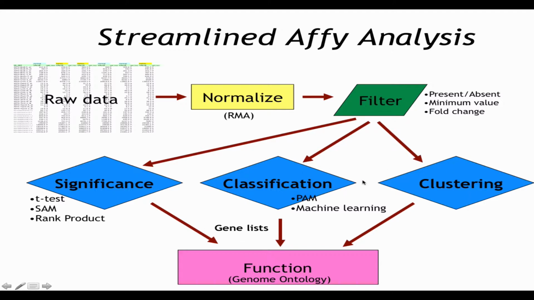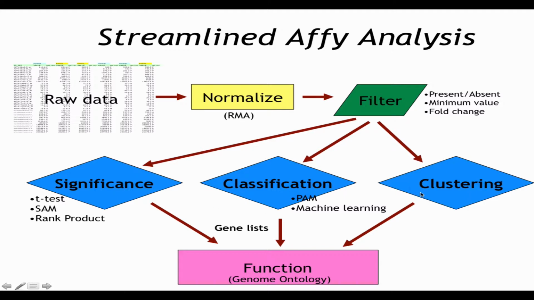All right, then we have 3 different, somewhat independent analysis pathways where by looking for significance, we're simply looking for differential expression. By classifying, we're looking for those genes which consistently are different across treatment versus control, which is not exactly the same thing as most differentially expressed.